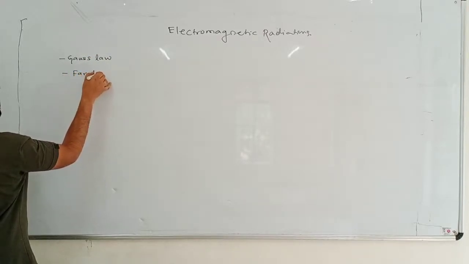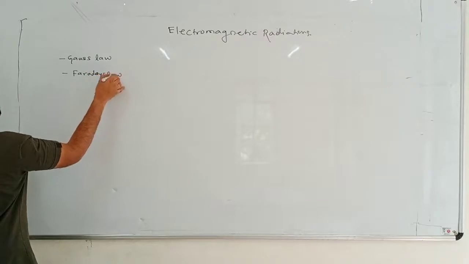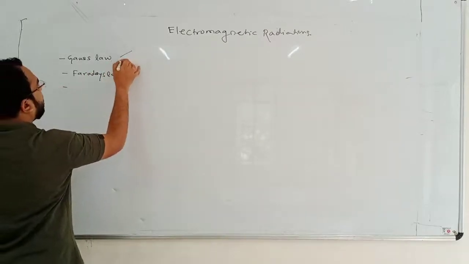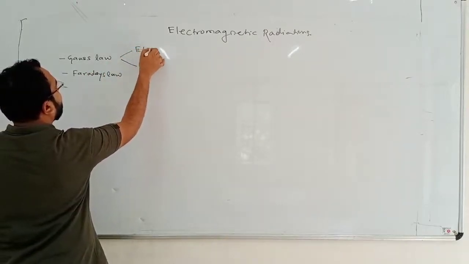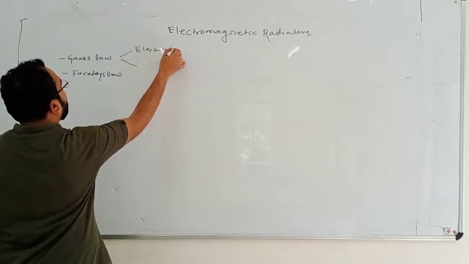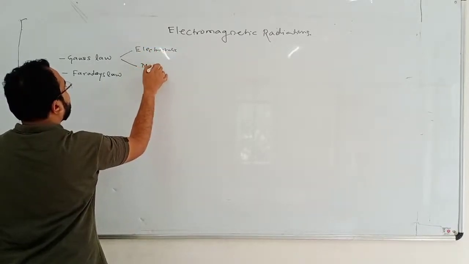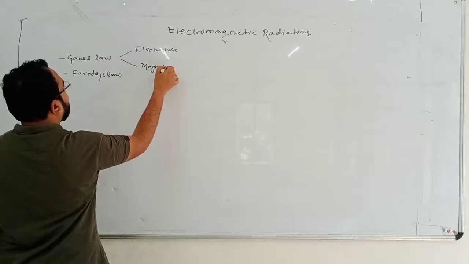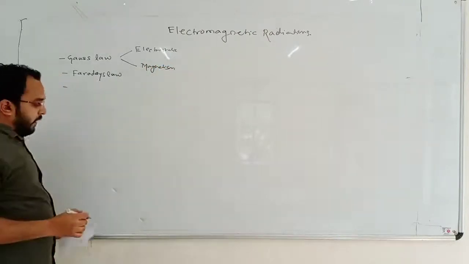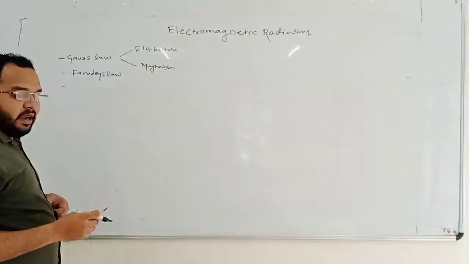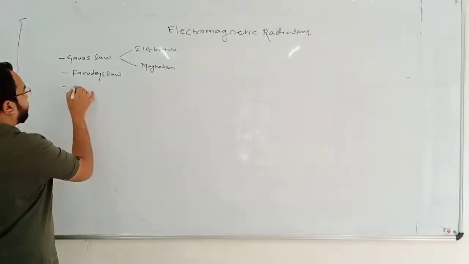Faraday's law. Then Gauss law we have studied in electrostatics as well as in magnetism. So Gauss law of electrostatics and Gauss law of magnetism, then Faraday's law and Ampere's law.